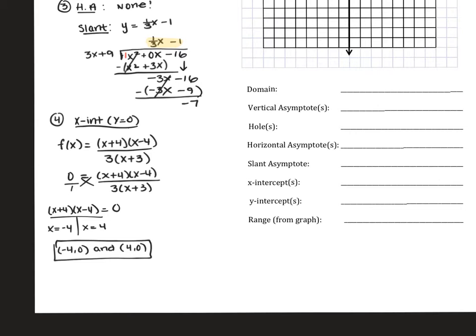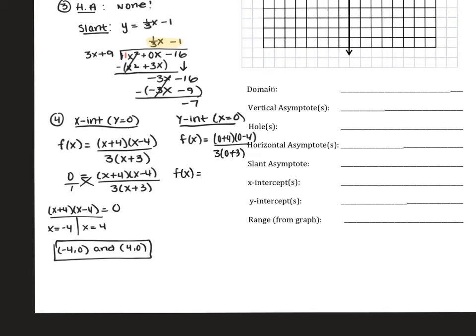Now we're going to use the same equation to find my y-intercept, but this time we're going to set x equal to 0. So we have f of x equals, just for space, I'm just going to go ahead and plug 0 in for x. So 0 plus 4, 0 minus 4, all over 3 times 0 plus 3.